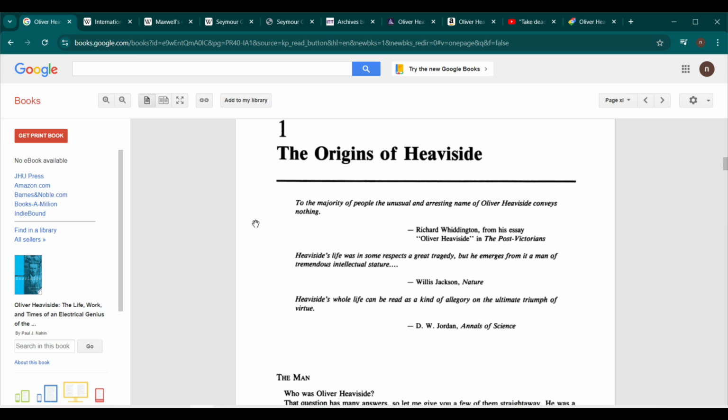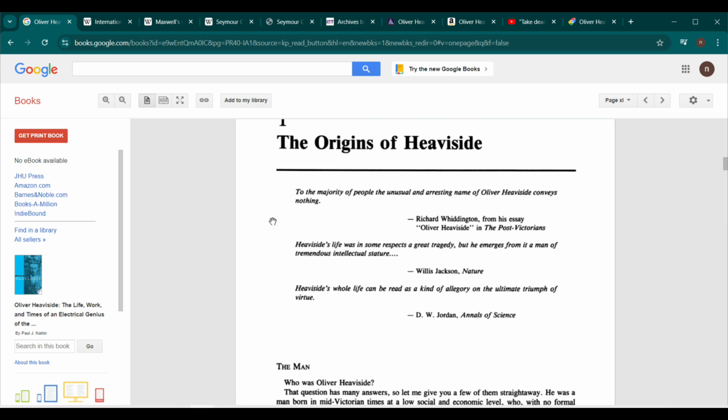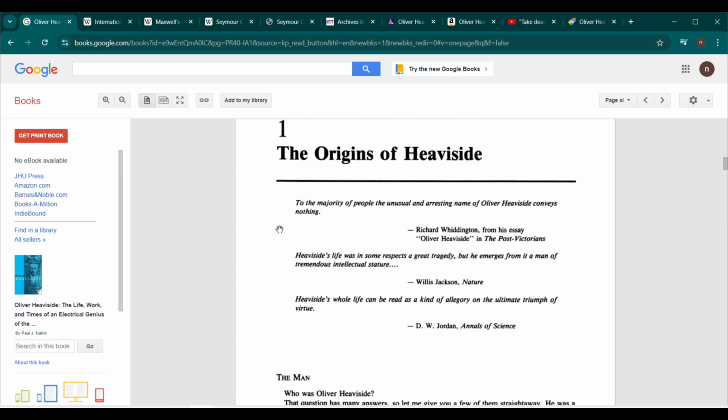There's actually an SNL joke about this, like, a New York accountant that's kind of similar to that. I forget his name, but I read about it like a week ago. And Heaviside's life was in some respects a great tragedy, but he emerges from it a man of tremendous intellectual stature. Heaviside's whole life can be read as a kind of allegory on the ultimate triumph of virtue.